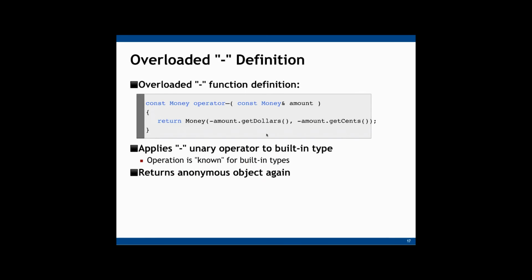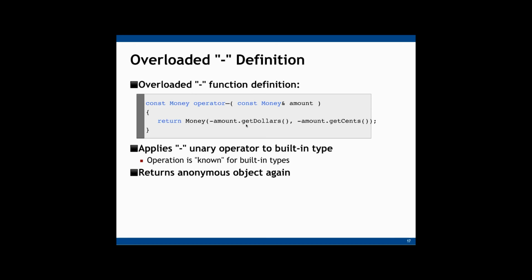And this is the definition of the overloaded minus operator. It changes the value of dollars and cents to negative values here. Because this overloaded operator is not a member function of the money class, just like the previous example, we cannot access the private members.